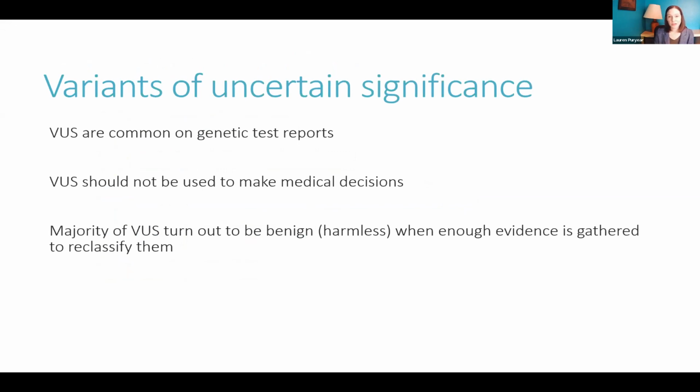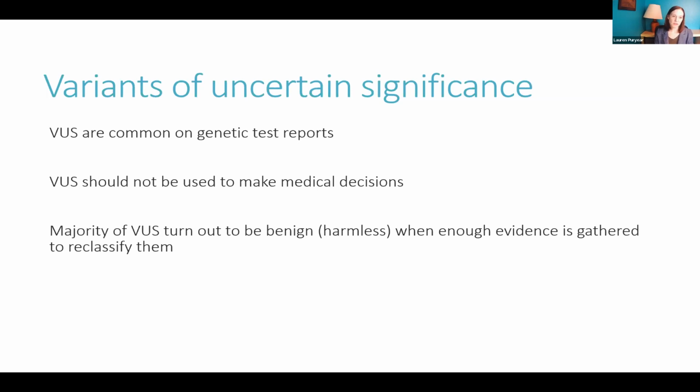Most of that genetic variation is harmless. It's benign. And so we don't use variants of uncertain significance to make medical decisions in the vast majority of cases because we don't know what they mean. And we don't want to test other people in the family who don't have any clinical features of a condition for a variant of uncertain significance, because we wouldn't know whether to be concerned about them or not if they have the variant or if they don't.